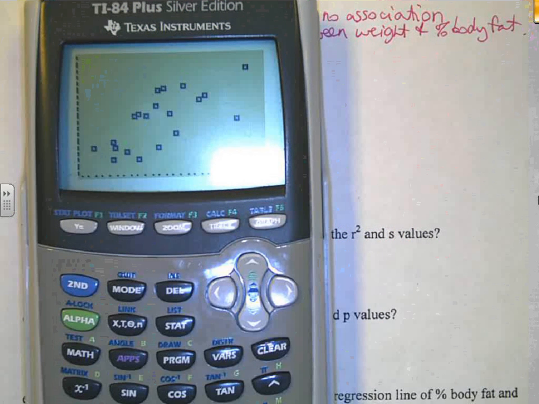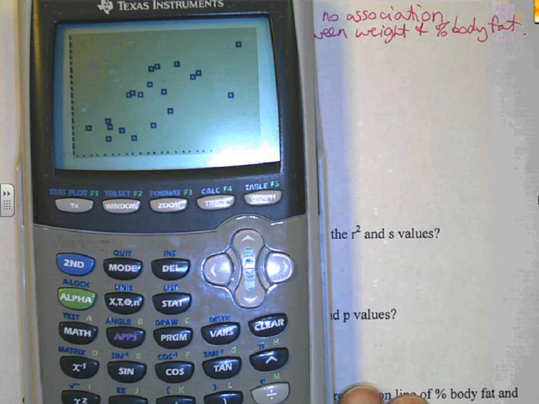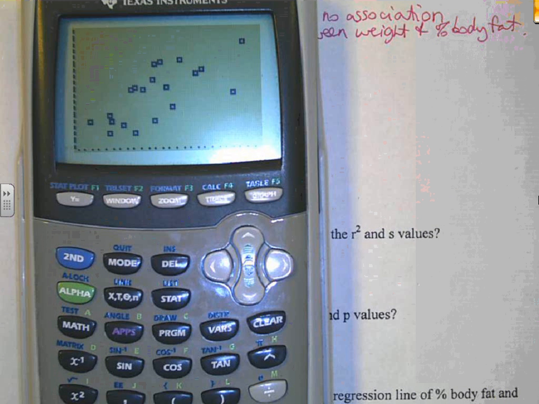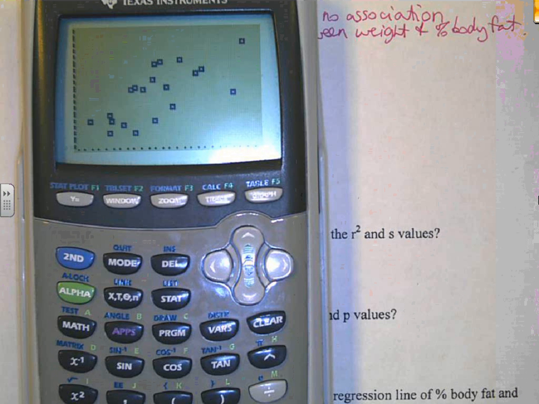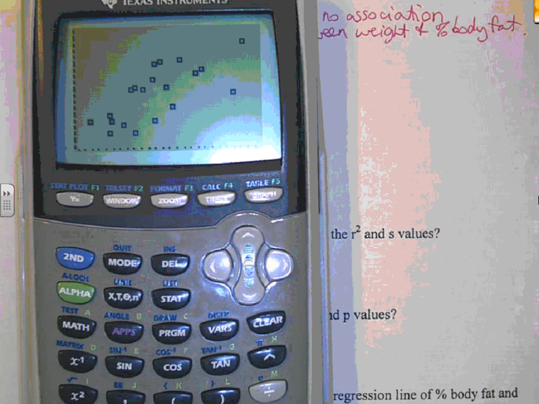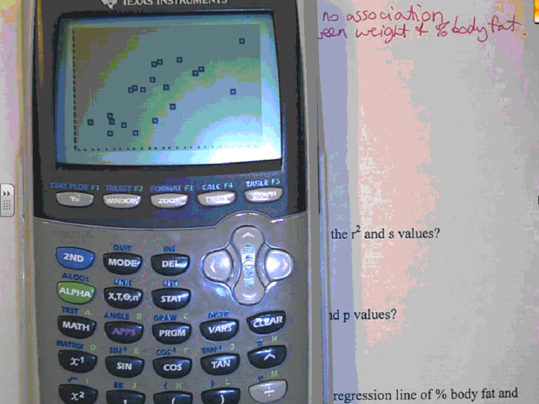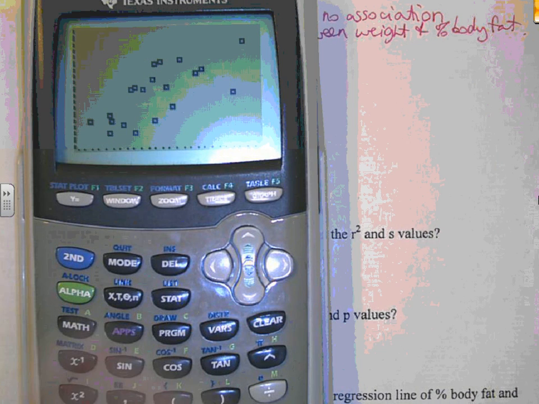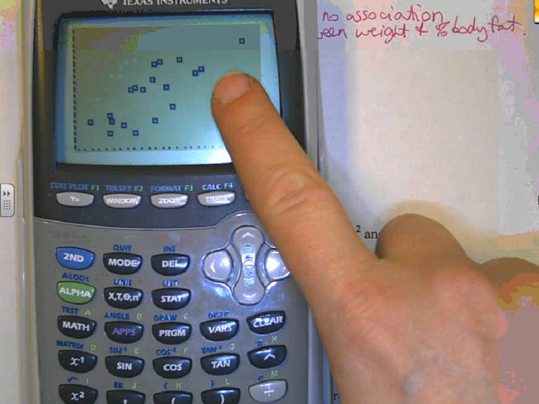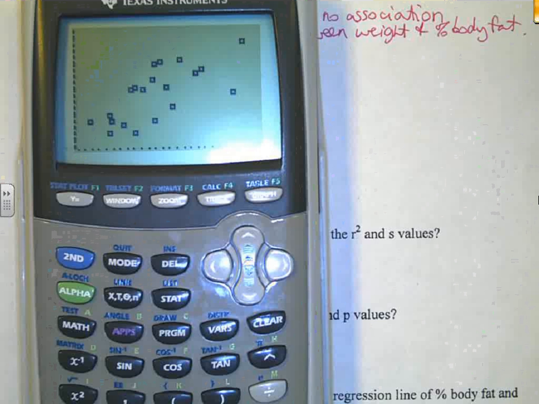And look, mine looks like this. Anybody else? Okay, what are we supposed to check on the scatter plot? Is it straight-ish? Straight enough that regression makes sense. Is that one pretty straight? Yeah, it would really be straight if we could take this one person out. But you can't. But it's still pretty straight. It doesn't make a parabola or anything.